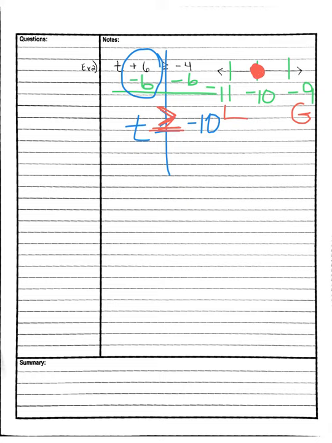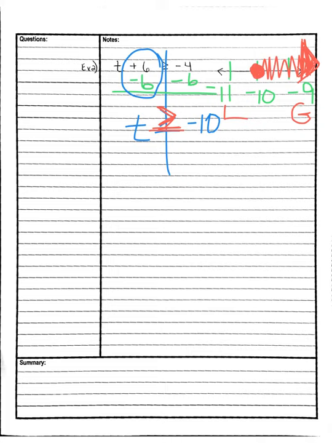So t is greater than -10. We're going to have to shade to the right where the greater numbers are. So we know that -9 and -8 and -7, those would all be values that would make this inequality true.